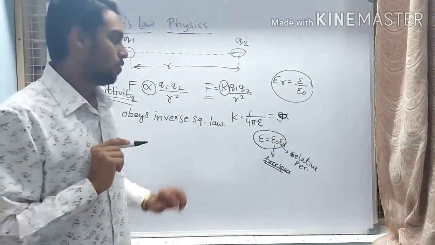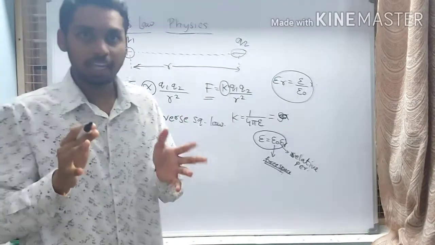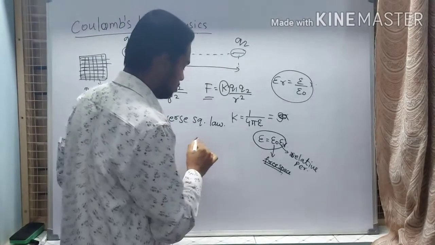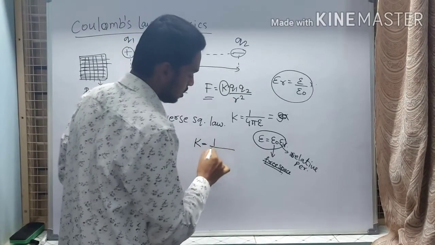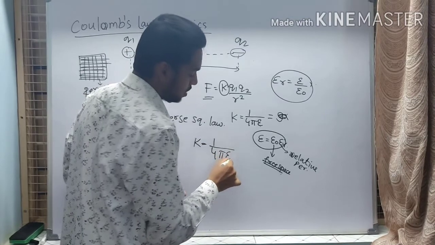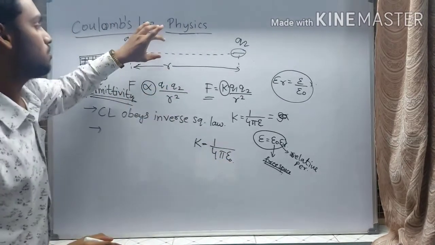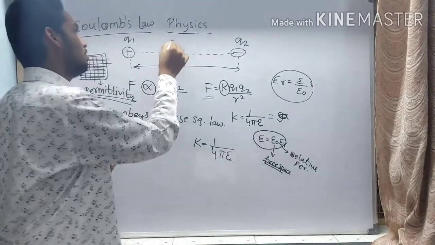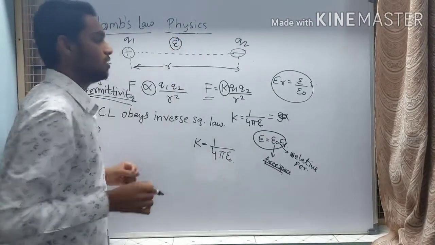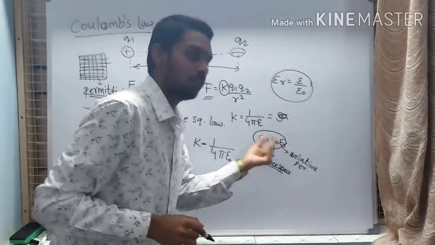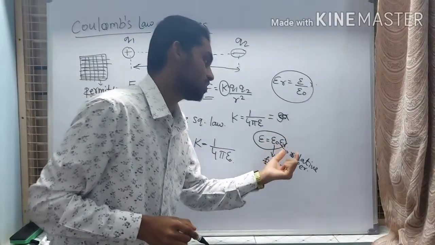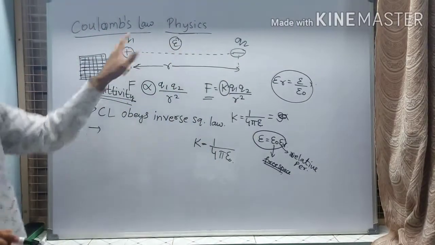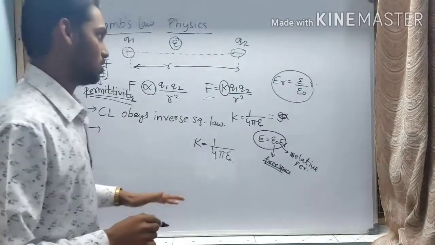Most of the cases, for our simplification, we take epsilon naught, meaning we always consider the charges to be in free space. If they are present in a medium which is having permittivity of epsilon, then I have to calculate the permittivity of free space, then I have to consider the relative permittivity, then I will get the permittivity of this medium in which the charges are placed.